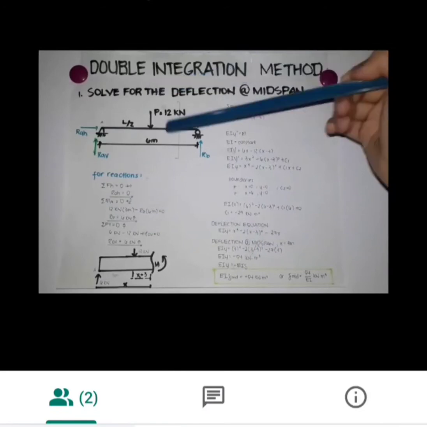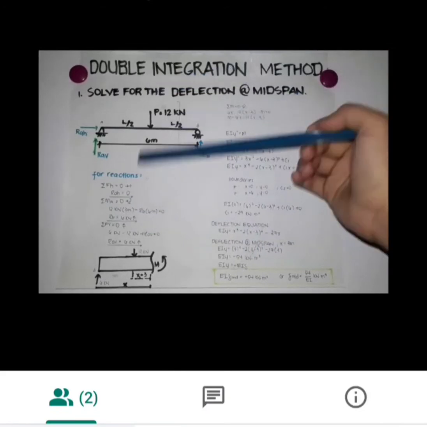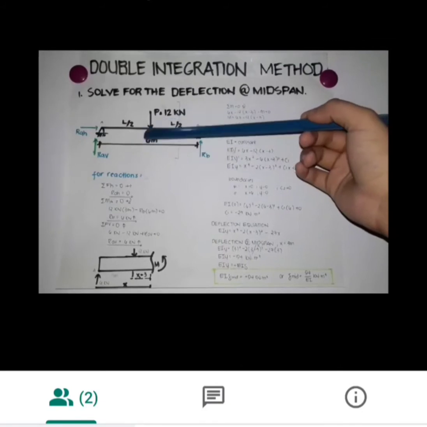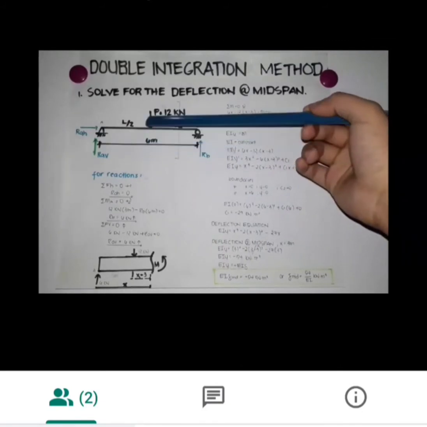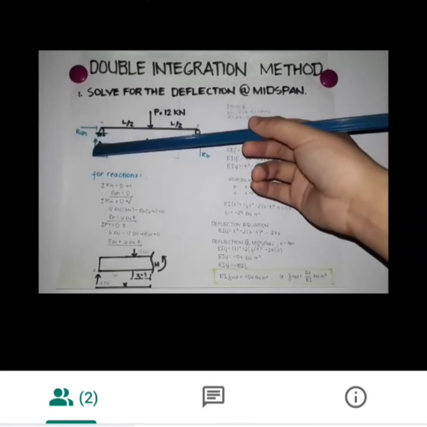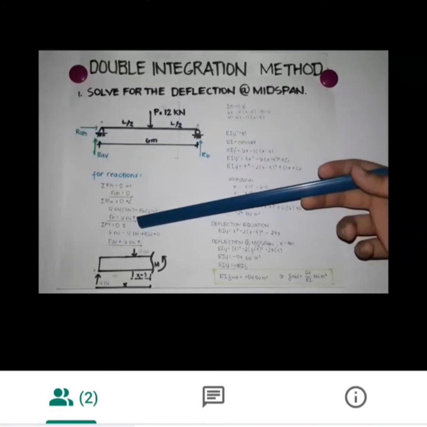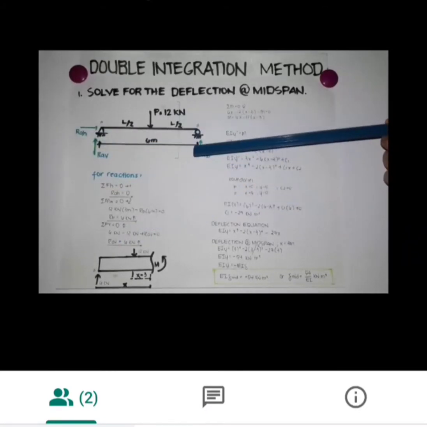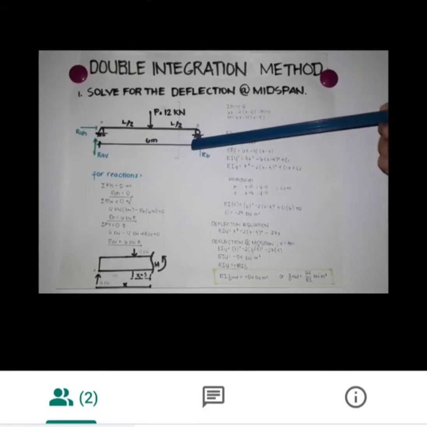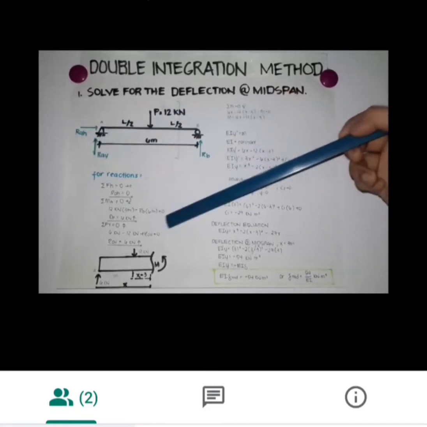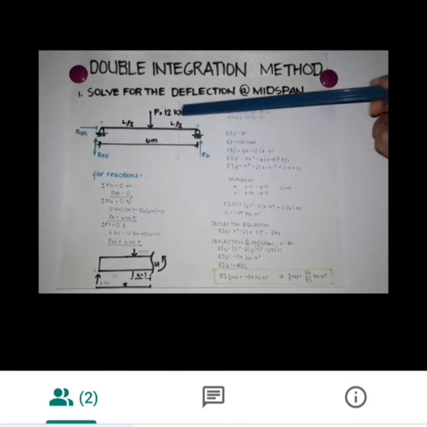Yung 12 kilonewton na load natin multiplied by 3 meters, which is yung distance between the load and A, minus reaction at B multiplied by 6 meters, which is yung distance niya din papuntang A, equals to 0. Negative kasi pa-counterclockwise.